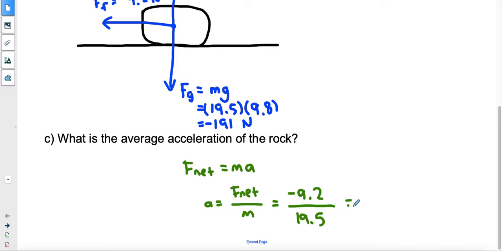If we divide that, we get negative 0.472 meters per second squared. That's the average acceleration of the rock. The negative acceleration just means that the rock is slowing down, since the acceleration is acting in the backwards direction.